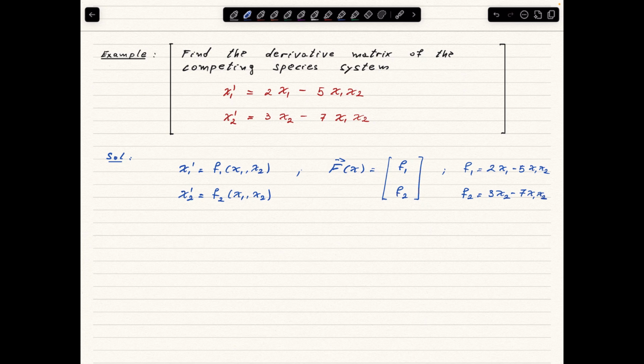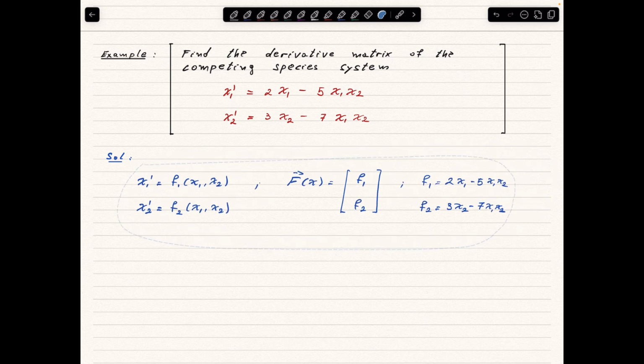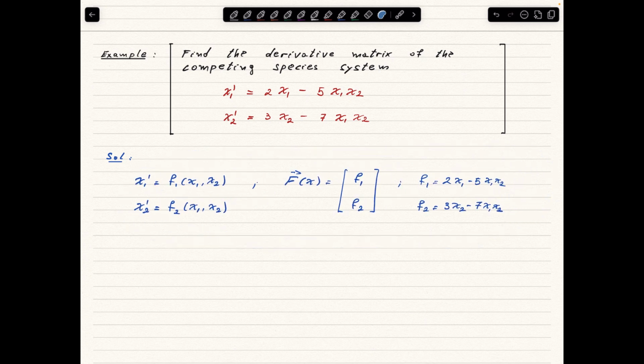These are the fields. Maybe if we write it down here, it's going to be a little bit nicer. Okay.